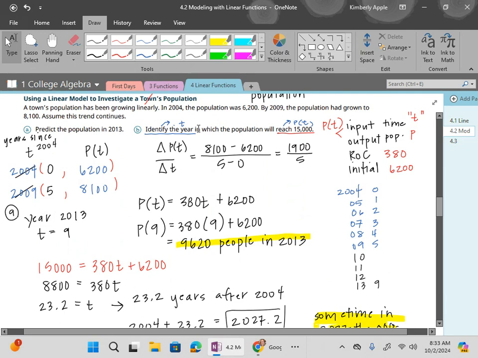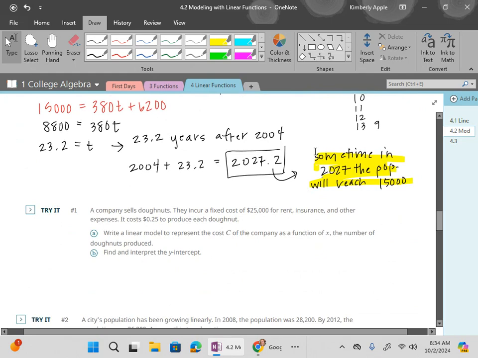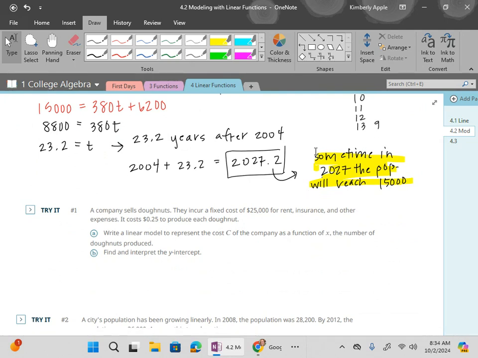It doesn't say how many years after. It says identify the year. So I'm going to have to make sure I understand what these numbers mean. Because you're not going to tell me that in the year 23, the population would reach 15,000. That doesn't make any sense, right? The year 23, that's wild. People didn't have running water and electricity back then.